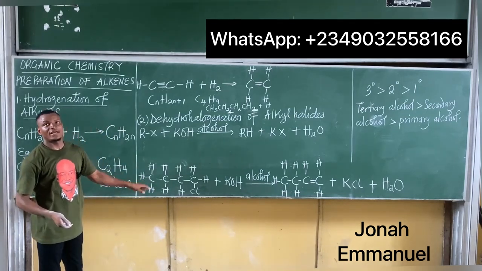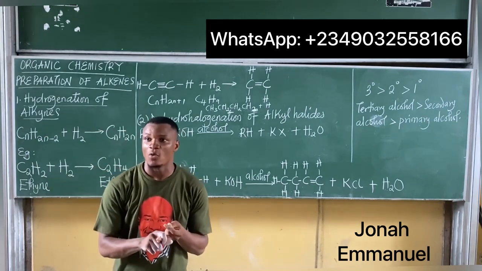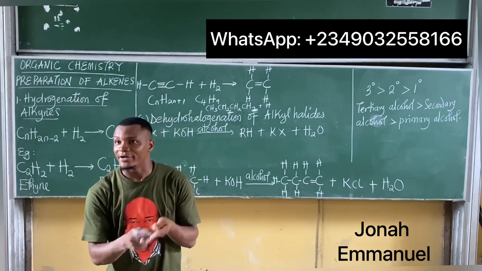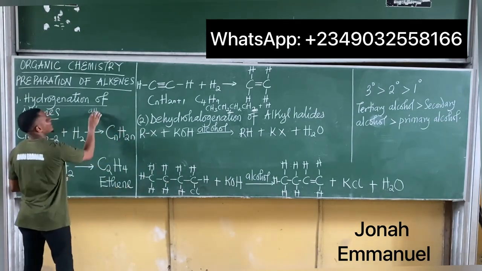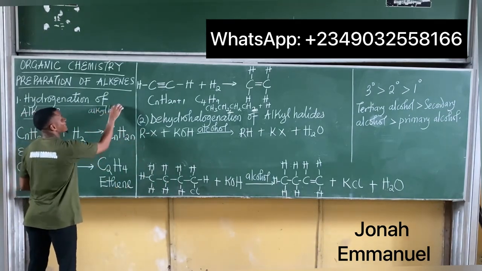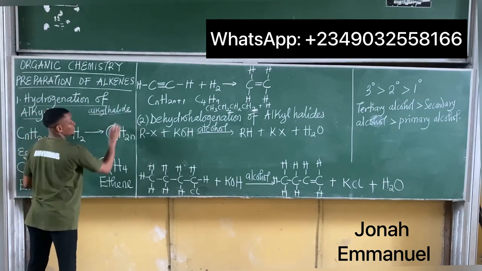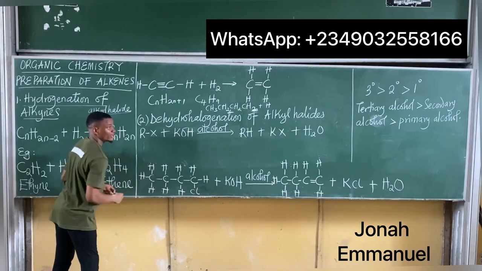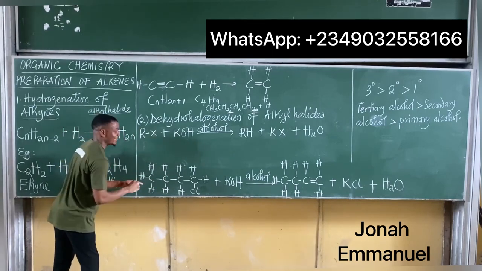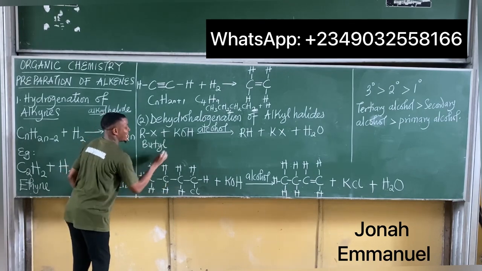I said this compound can be pronounced as either an alkyl halide, or a haloalkane. As an alkyl halide, it means call the alkyl group before the halogen. In this case here, the alkyl group was butyl. So as an alkyl halide, this one is called butyl, and then the halide, chloride.